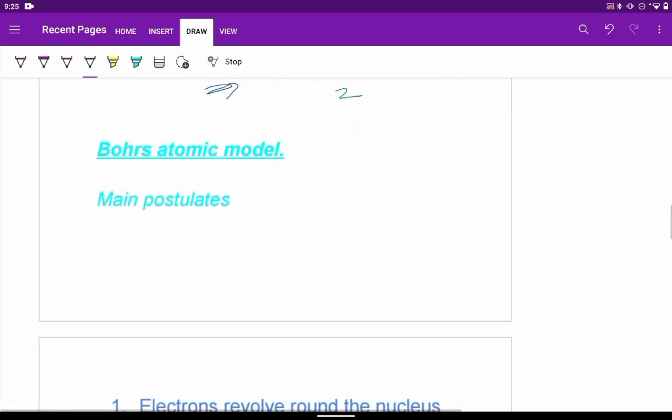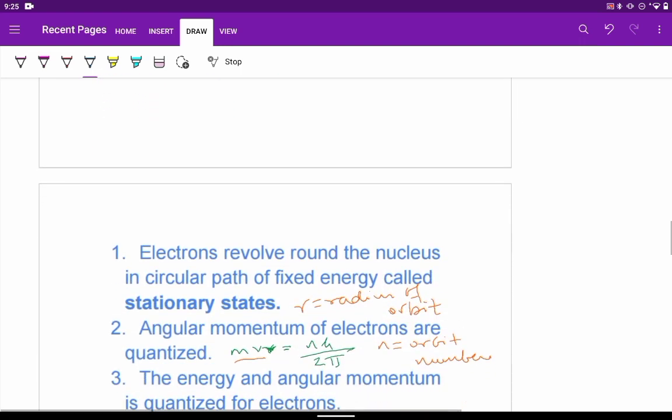Next is Bohr's atomic model. There are some main postulates. The electrons revolve round the nucleus in circular paths of fixed energy, called the stationary states.